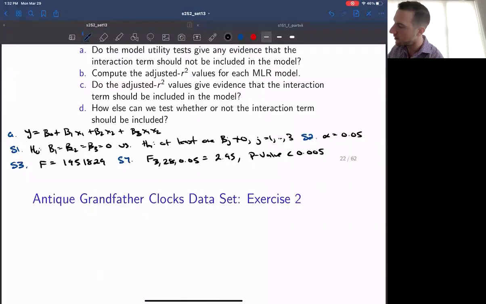All right, so then on step 5, we would reject H0.